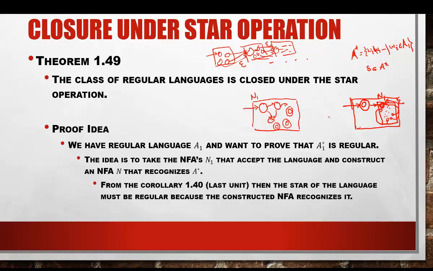I'll also keep the accept states of the N sub 1 automaton, and this machine recognizes the language. So let's go ahead and do this informally and draw the description, and then provide the formal proof. Providing the formal proof is proof by construction, so we want to provide the formal definition of the modified automaton N.